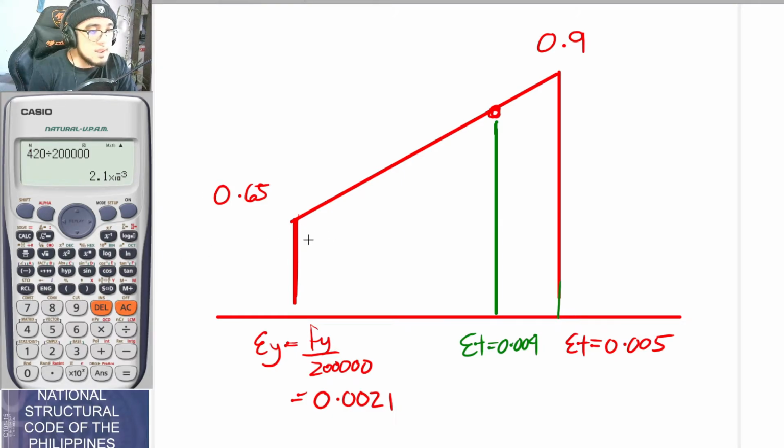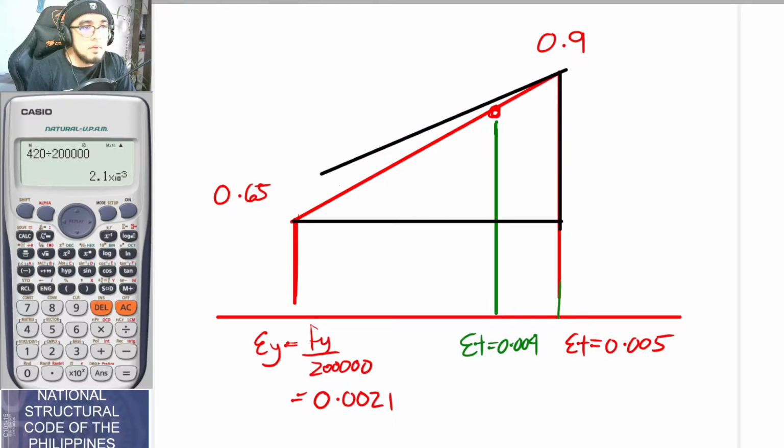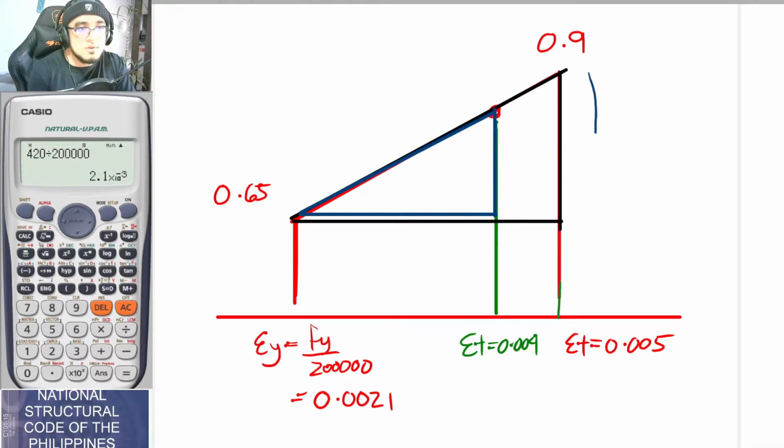So let us get this big triangle here. This is your big triangle. Then compare it with the ratio of the smaller triangle, which is this one. For the bigger triangle, what is this length here?